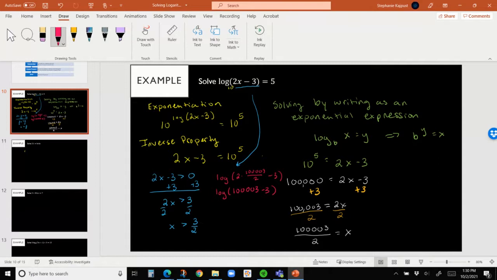So we have log of 100,003 minus 3. It's basically the log of 100,000. And you can do that in your calculator, that does come out to 5. So that confirms that our answer is 100,003 over 2.